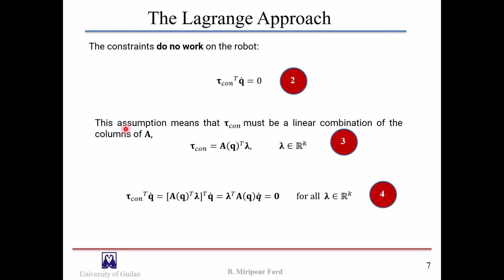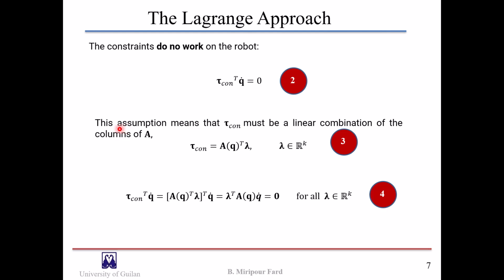This assumption means that tau con must be a linear combination of the columns of A, the constraint matrix. That is, tau con equals A transpose lambda, for some lambda, since these are the generalized forces that do not work when subject to the constraints.